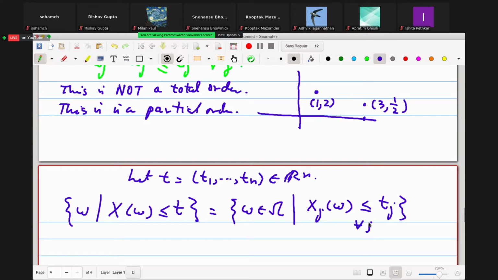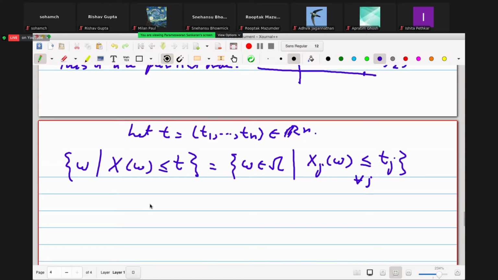For every j. What does this mean? This means that the jth coordinate is between minus infinity and t_j, and t_j is included. So this is nothing but the set of all omega in Omega such that X_j(omega) is in minus infinity to t_j, for all j.